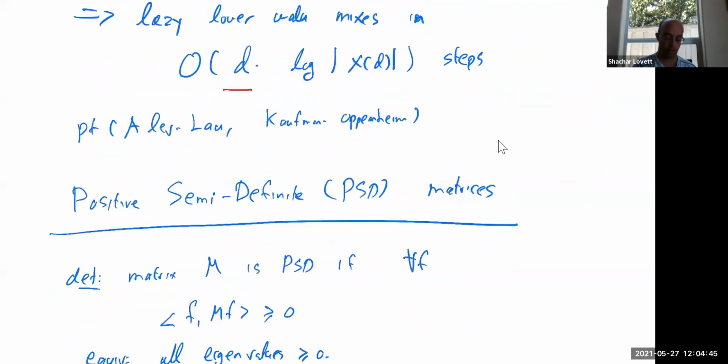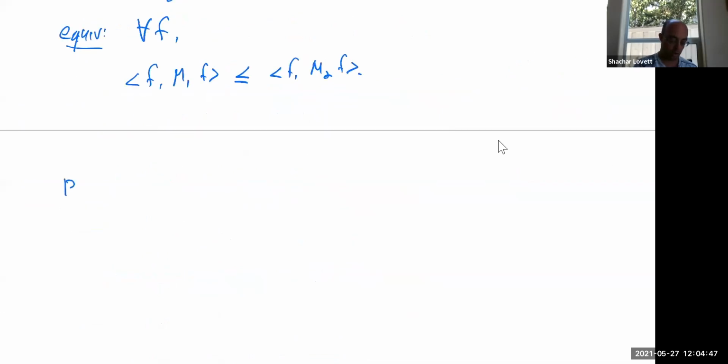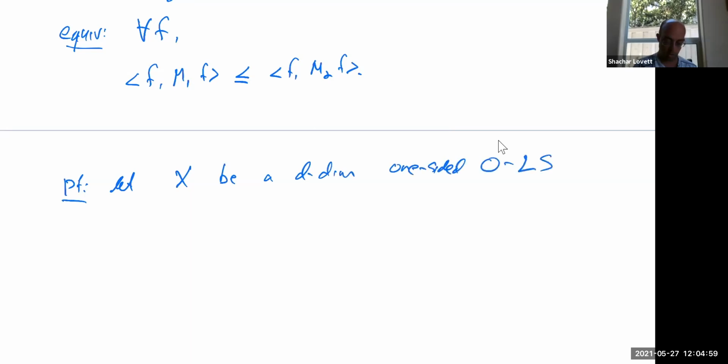So now I'm going to prove this. So let X be a d-dimensional, one-sided, zero local spectral expander.